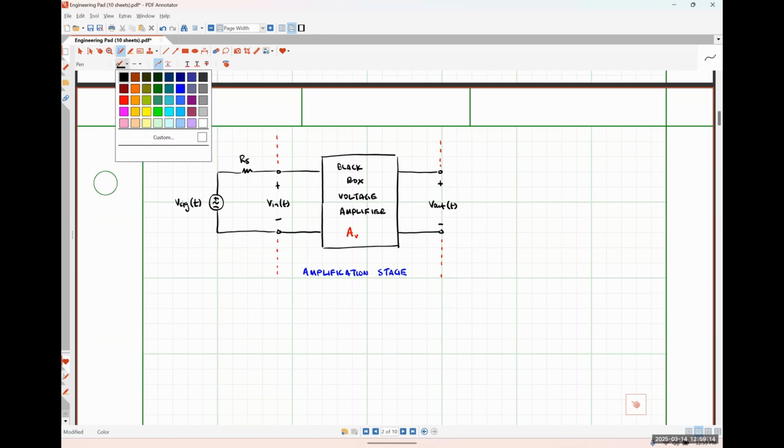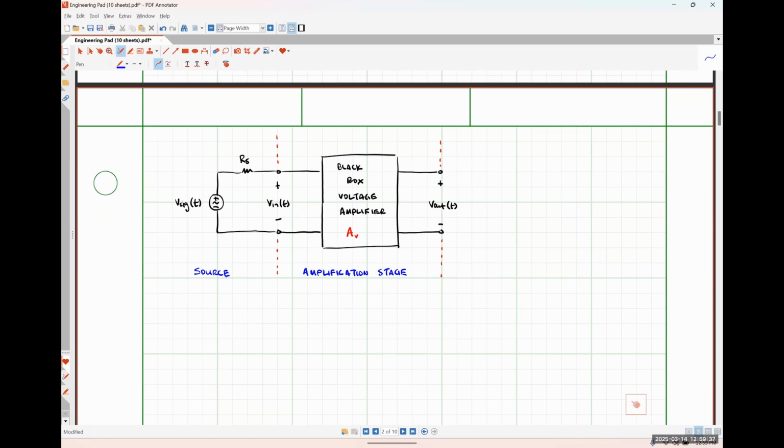Okay. That could just as easily be a practical current source representation of some sort of signal generator, and in which case I would have a current source in parallel with that resistor RS, much like we learned about in circuits 1. But for what we're talking about here, it doesn't really matter.